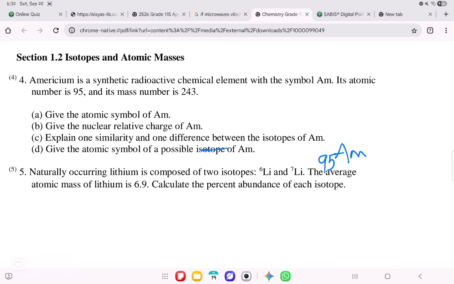There is a difference in the mass number. But what changes? The protons don't change. They are fixed. They are 95. But the only thing that changes is the number of neutrons. They also all have to have the same charge as well. So you could give, for example, Am 95, 242 if you want to go less, or Am 95, 244. These are 2 examples. You can write many more examples.